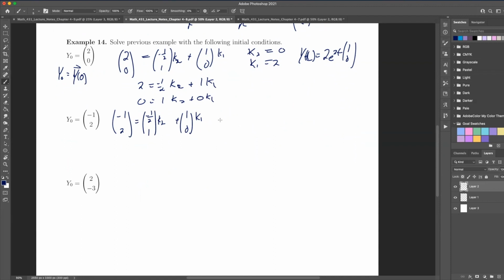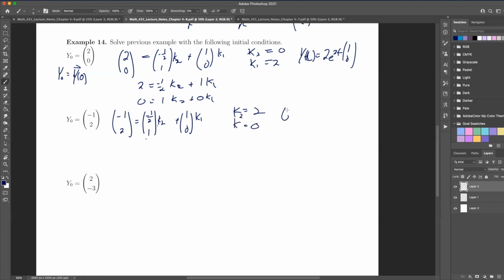So how would I do this one? Well, here I'm forcing what k2 should be, right? This will force what k2 is. k2 better equal 2 because I can get nothing from here. So k2 equals 2. But if k2 equals 2, this is minus 1, and so that means k1 is equal to 0.